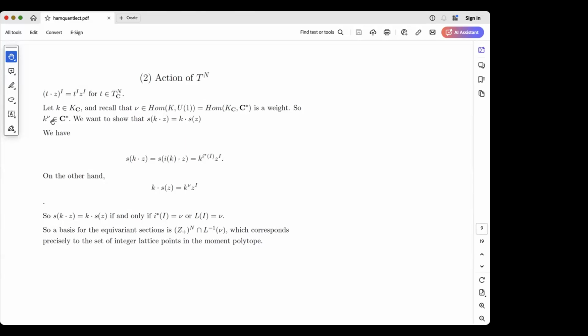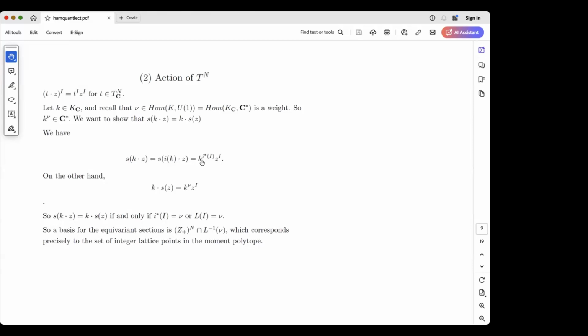So k to the nu is in C star. We want to show that S of k dot Z is the same as k dot S of Z. So we have S of k dot Z is S of I of k dot Z. So that's k to the I star of I times Z to the I.